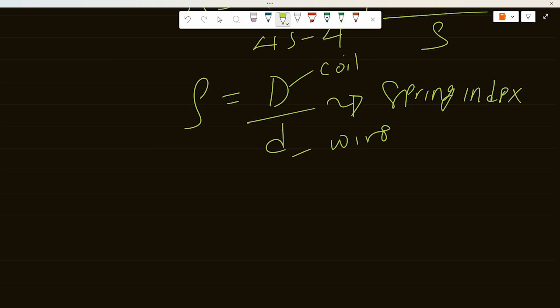Or the question can just say, find the shear stress using the Wahl's correction factor. Then that's when you use it. However, if the question you're dealing with didn't specify you to use the Wahl's correction factor, don't use it. Just use what we have derived earlier.